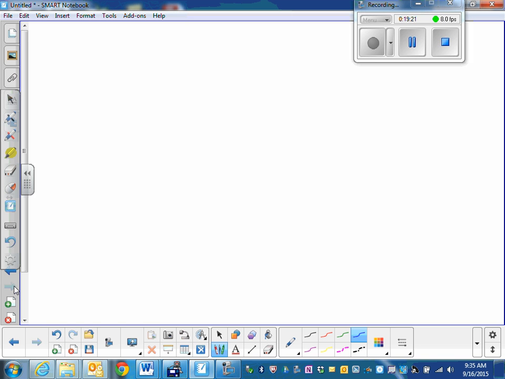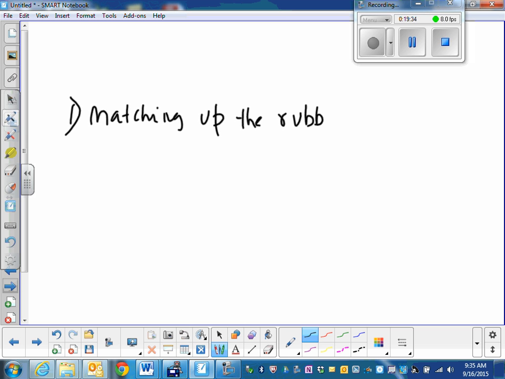Does that make sense? All right? So that is the source of error. So talk about matching up the rubber stoppers, mass, and its volume. All right? Mass versus volume.